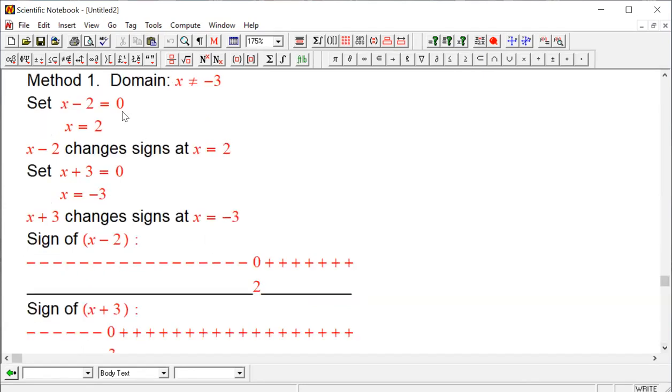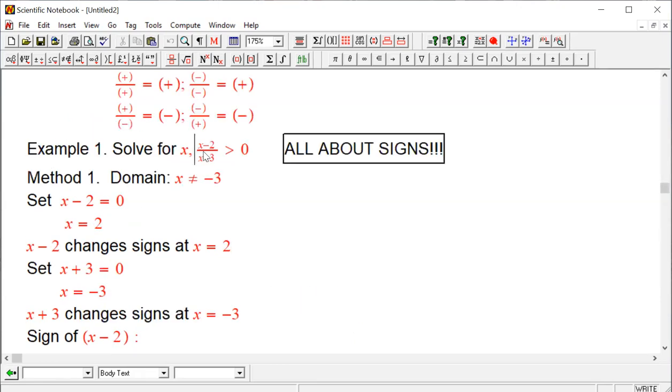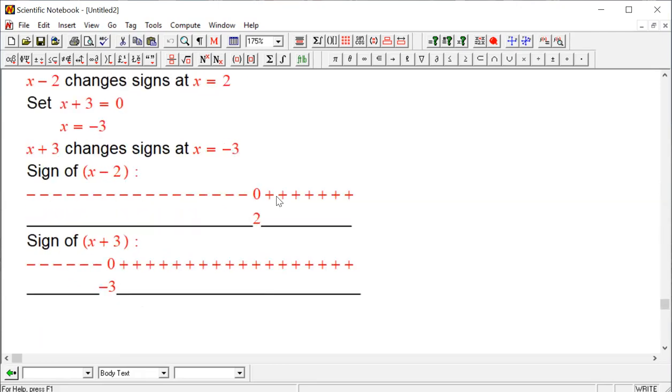So when we work through these signs, we have to be aware that this quotient has a domain issue. In the quadratic case, the domain is all real numbers, so we have no need to worry. When we consider the sign of this quotient, some extra care has to be taken.